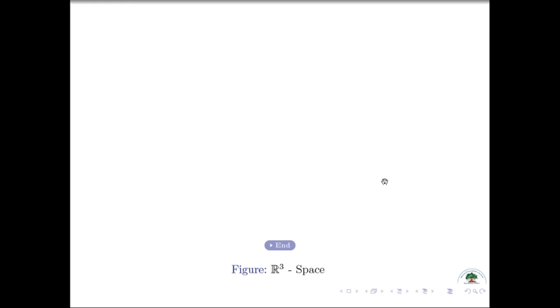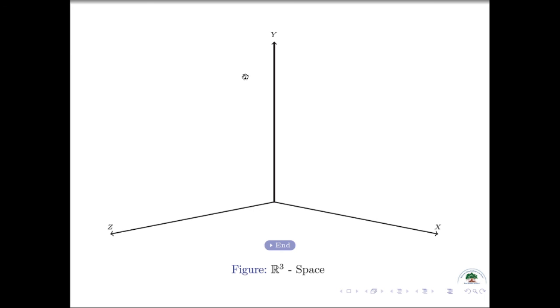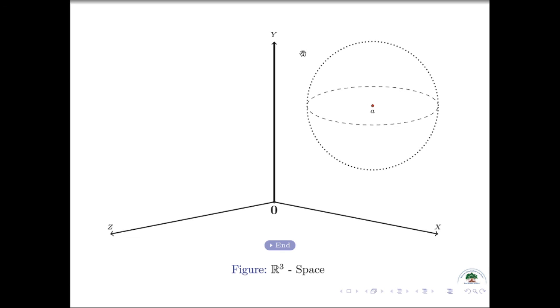So geometrically we represent the open ball in R3. We draw here the three-dimensional coordinate system with x, y, z axes, and let us draw a sphere about point A with radius r.